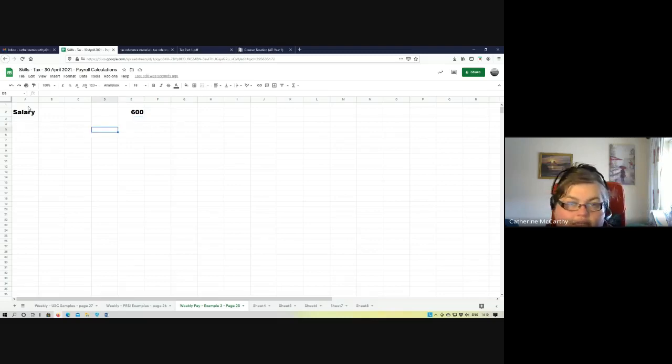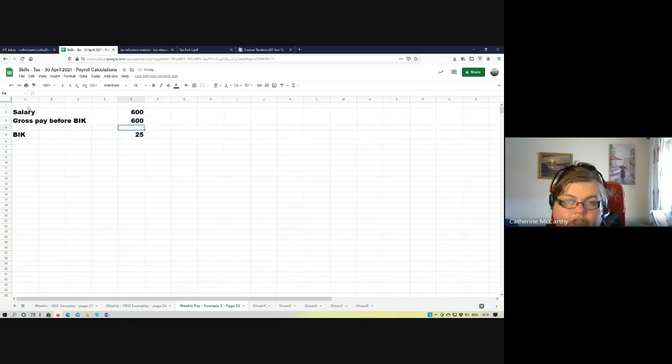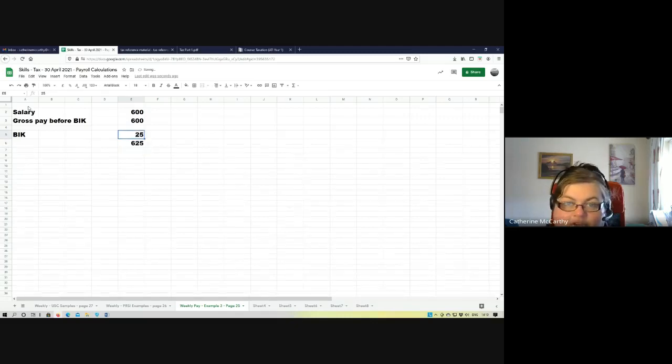Okay, and we've got a taxable BIK of €25. So again, just to show the difference between them, we've got our gross pay before benefit in kind, which is 600. We've got our benefit in kind in, and that's bringing us up to 625.